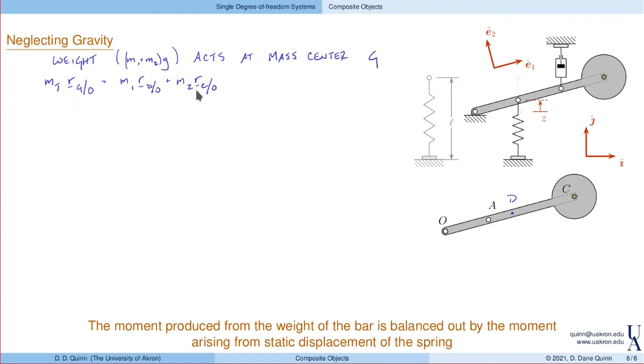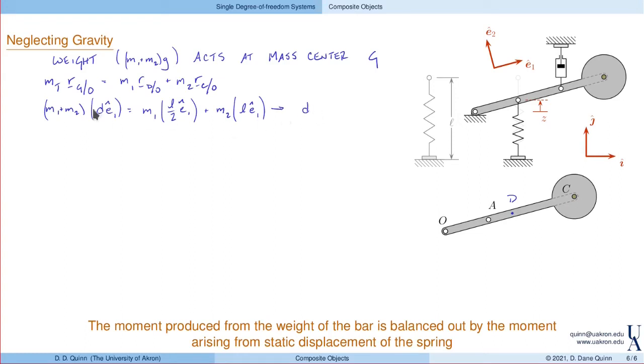Well, I can go and figure out all of these things. Total mass is M1 plus M2. The position of G with respect to O is some unknown distance d, and d is what we're looking for. We want to know where this thing is. It's in the E1 direction. The position of the mass center of the bar is just half the length, again, in the E1 direction. And then the location of the disk's mass center is at the end of the bar.